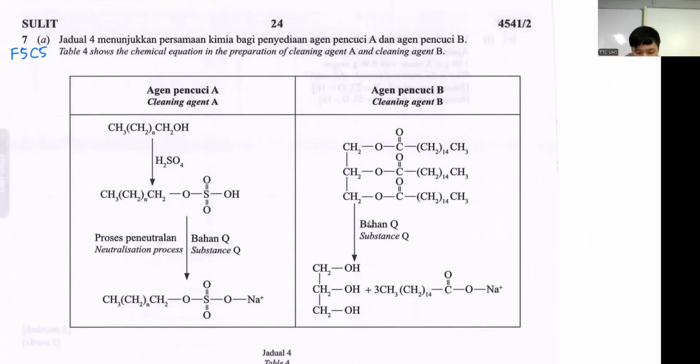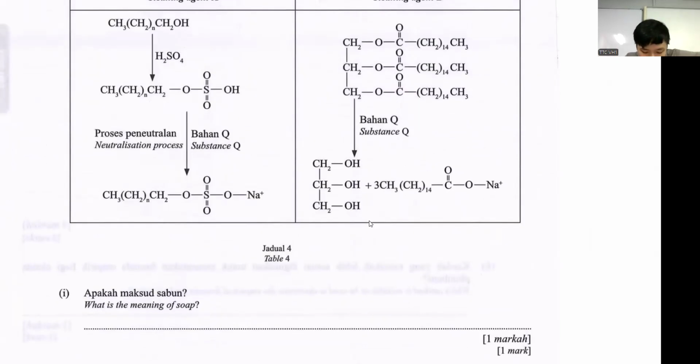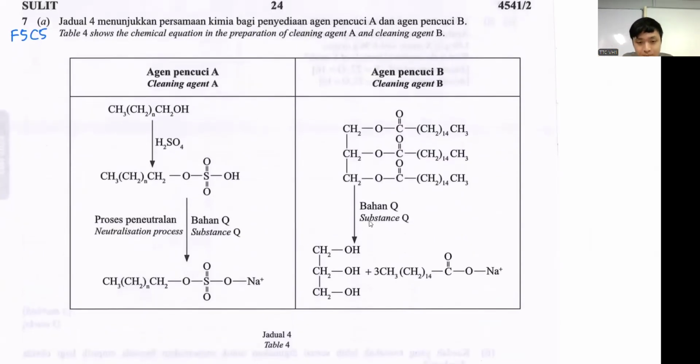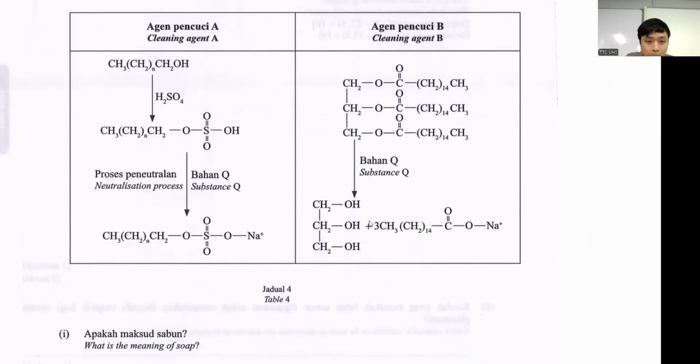So cleaning agent A. Doesn't matter with detergent or soap, actually you got two parts. The first part is normally called the head, or in biology you learn this is called the hydrophilic head.